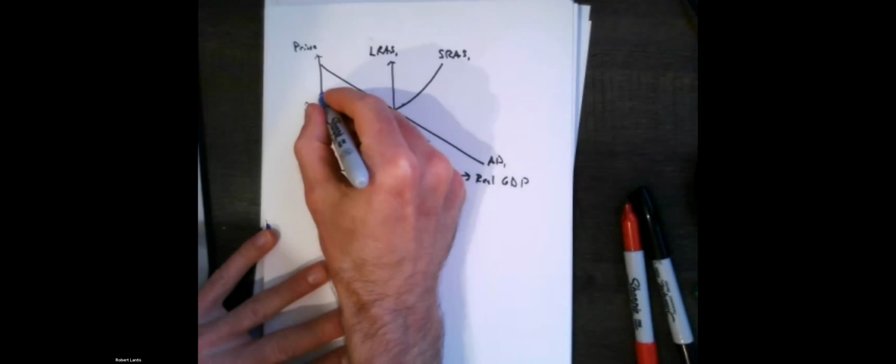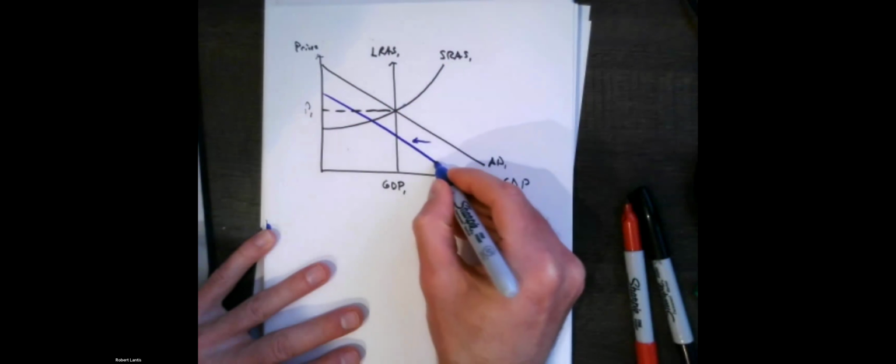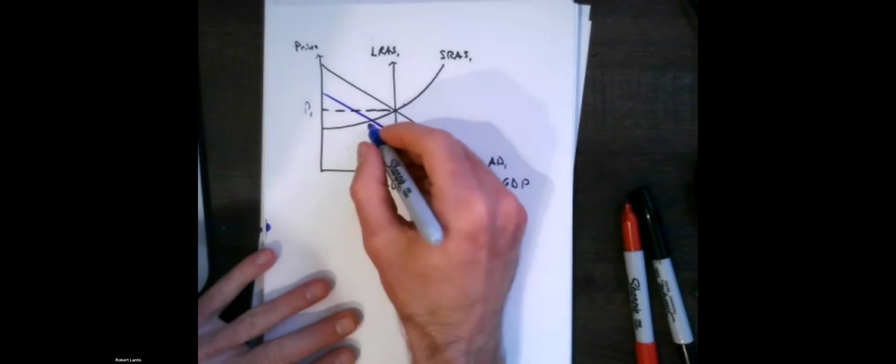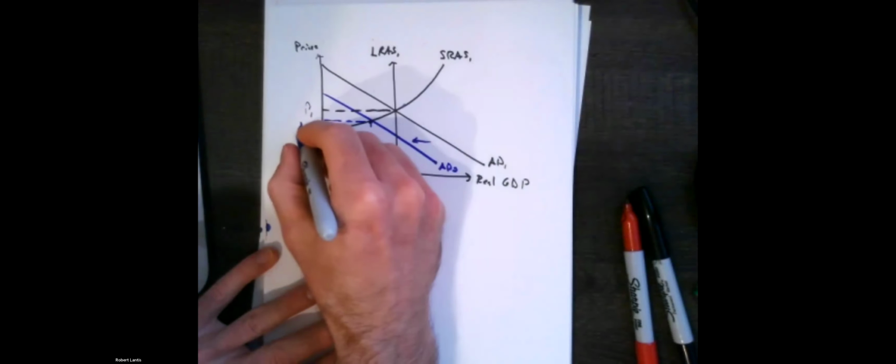So this aggregate demand decrease is going to do what? Well, in the short run, it's going to push our new short run price and our new short run GDP to both be lower.